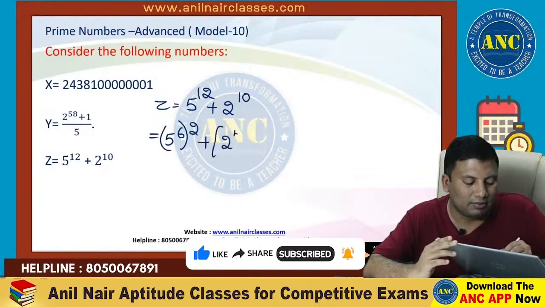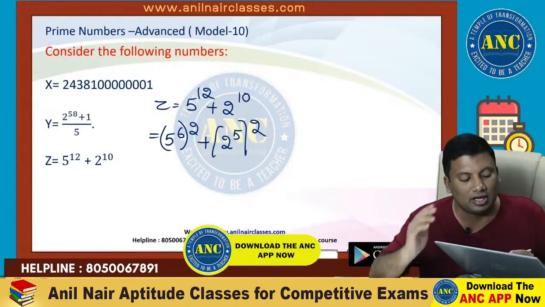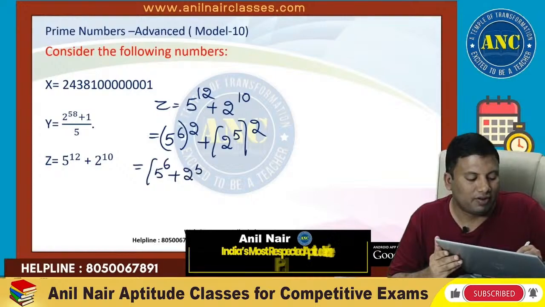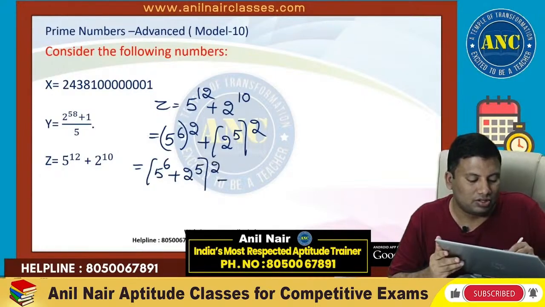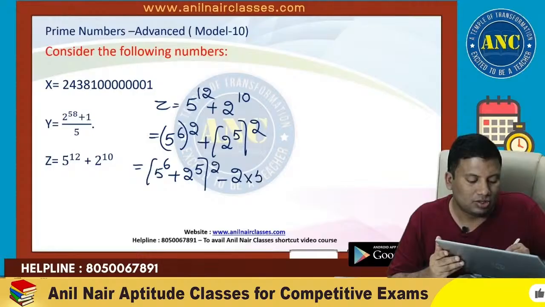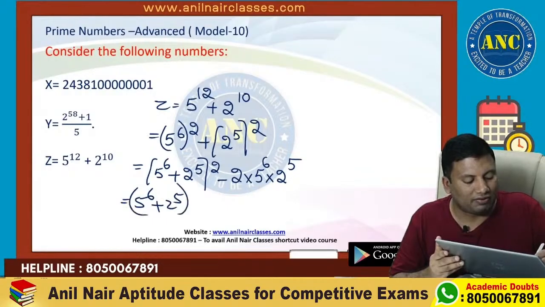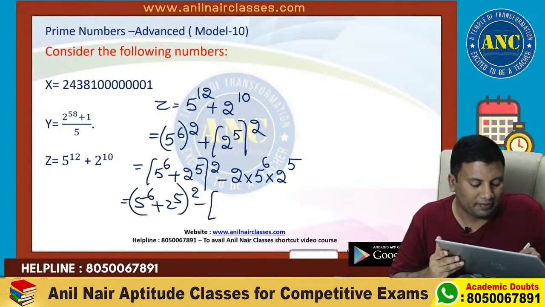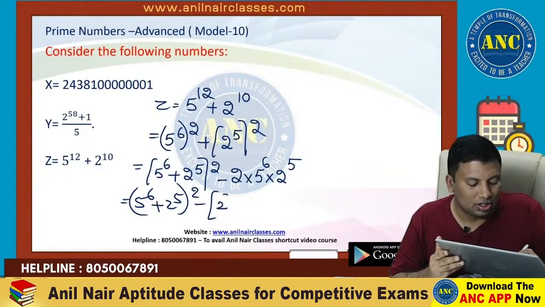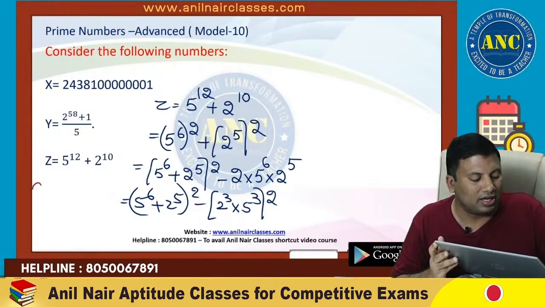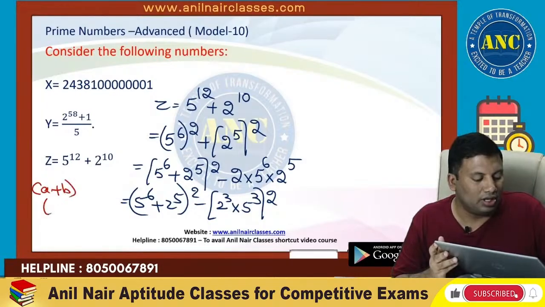This is (5^6 + 2^5)^2 minus (2^3 into 5^3)^2. a^2 - b^2 is (a + b)(a - b).